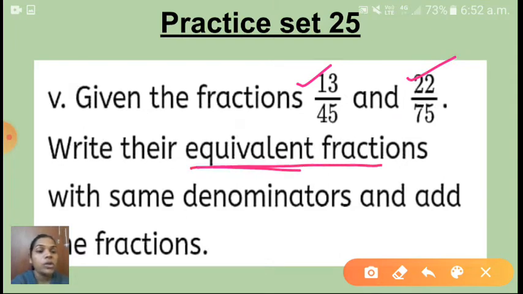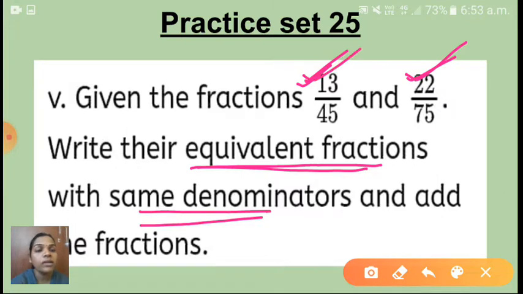I hope you have studied what is meant by equivalent fractions in your 5th standard. You have to write the equivalent fractions of both, and in which fractions the same denominator comes, those fractions you have to add. That is your question here.